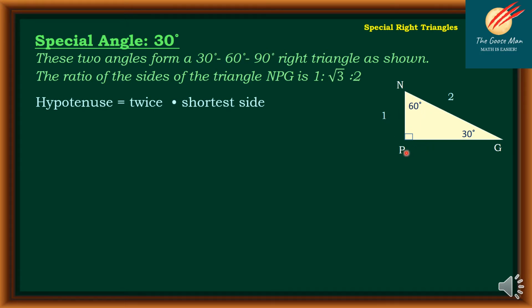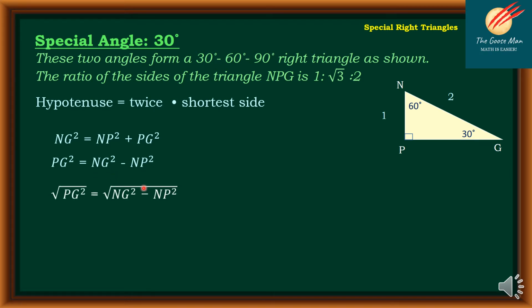Now let's look for the side PG. The hypotenuse squared is equal to the sum of the squares of the other two legs, so NG squared is equal to NP squared plus PG squared. I can derive this as PG squared is equal to NG squared minus NP squared.